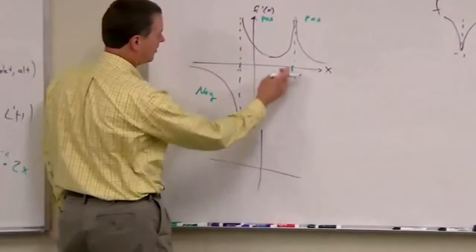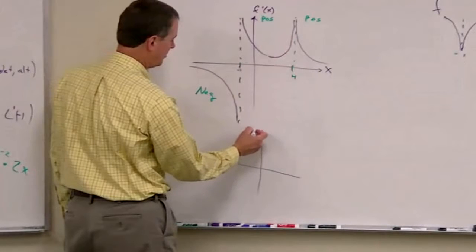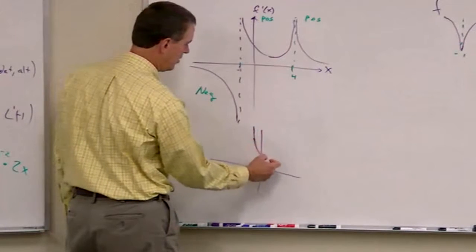Maybe instead of an asymptote, maybe like Rachel said, maybe there's a hole somehow.